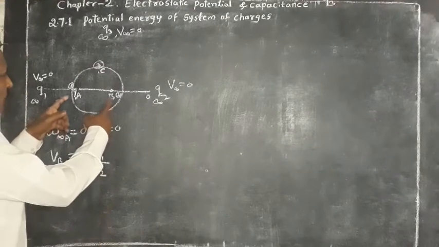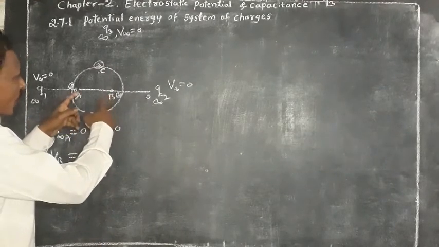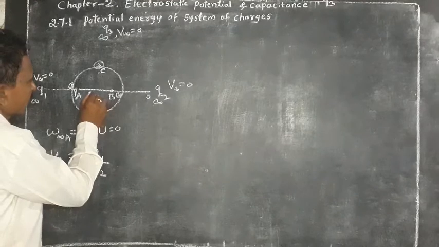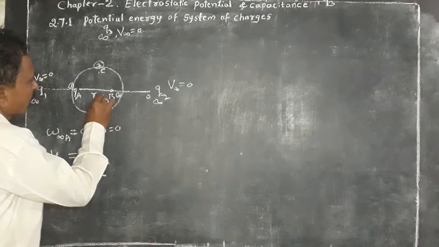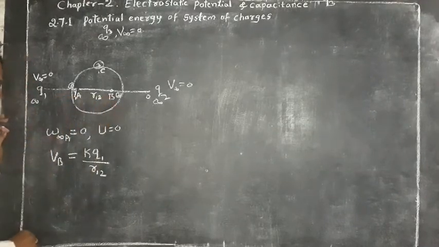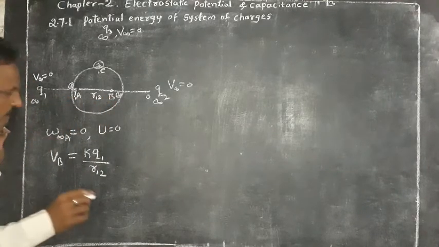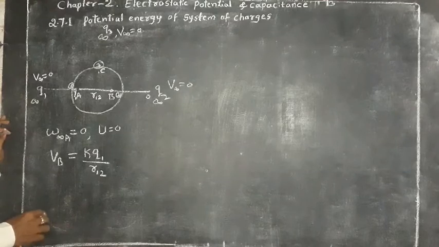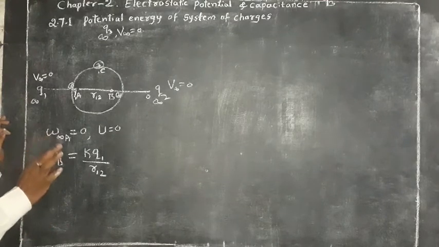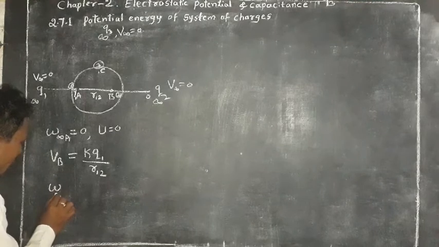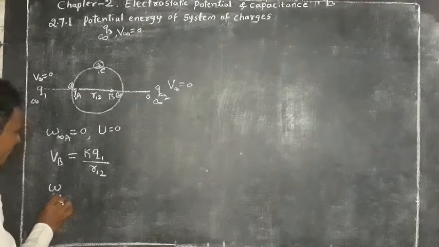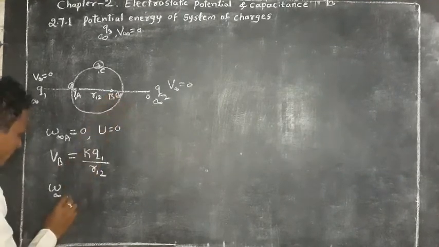Therefore, the distance between AB is R12. R is the distance and R12 is the distance between charges 1 and 2. Clear?